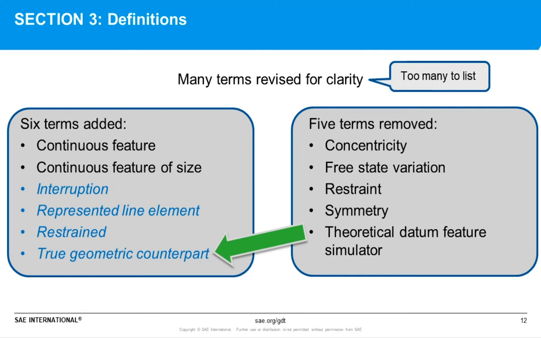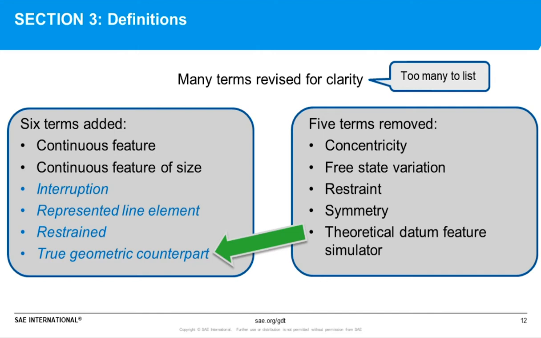On the left here, we see there are 6 new terms, and actually the first 2 terms are really not new. It's just that they were not part of the definition section in 2009. And now they have been moved to the definition section. You had to go to the applicable section of the standard to find their definitions. The last 4 terms in blue italics are new terms that were not in the previous version of the standard.